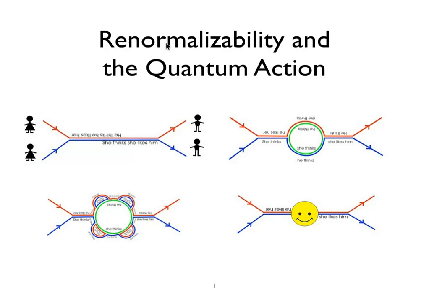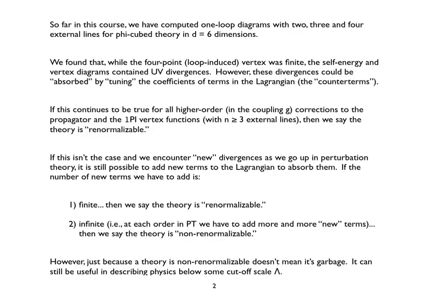But we went through the whole process of renormalization, the way we canceled off the divergences with our counter terms. And so what I wanted to do in these notes is to take a higher level look at renormalizability.